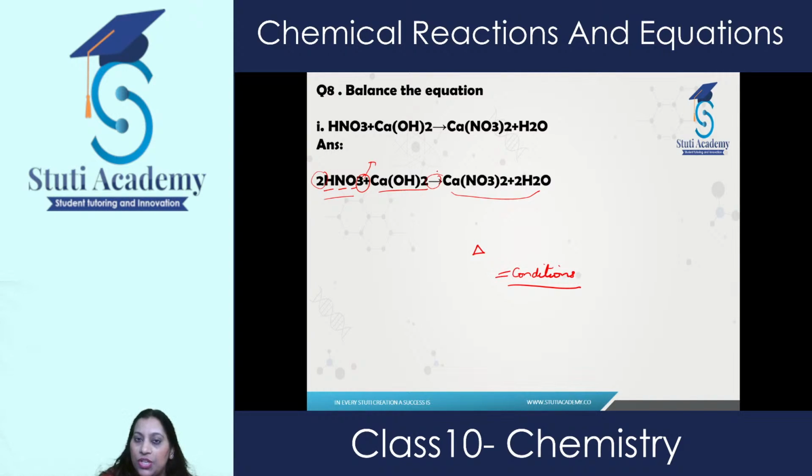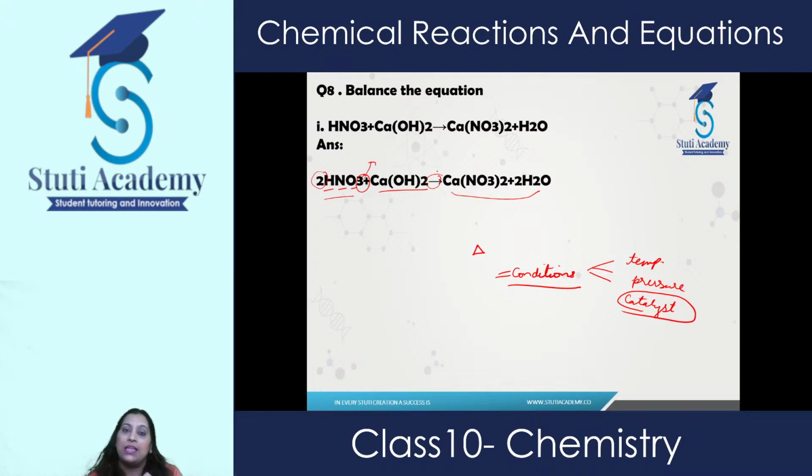These are the conditions. The conditions can be temperature, pressure, catalyst. Here one word is there, catalyst. What does it mean? And what's the role of the catalyst in a chemical equation?